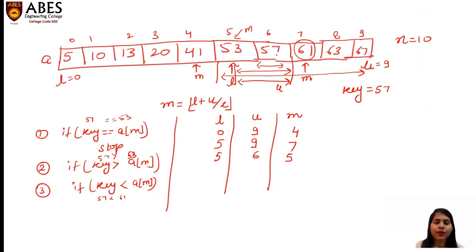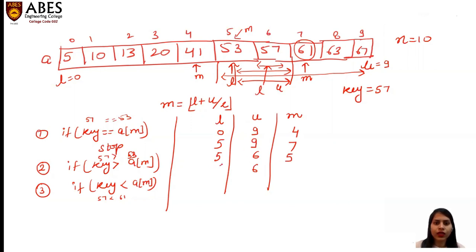Now you can see in this array, only one element is left, right? So upper value will be 6. The lower value will be m plus 1. We have to shift the lower from here to here.